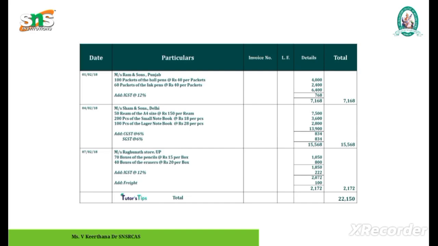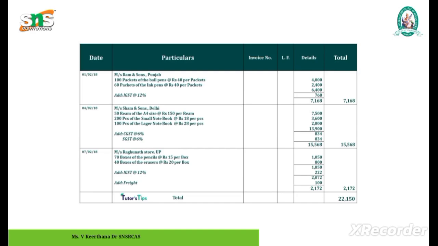So here, February 1, 2018, Miss Ram and Son, Punjab is a company name, and 100 packets of ball pens at rupees 40 per packet, so 4000. 60 packets of ink pen at 40 rupees per packet, so 60 into 40, 2400, and IGST is 12%, so amount will be 6400.